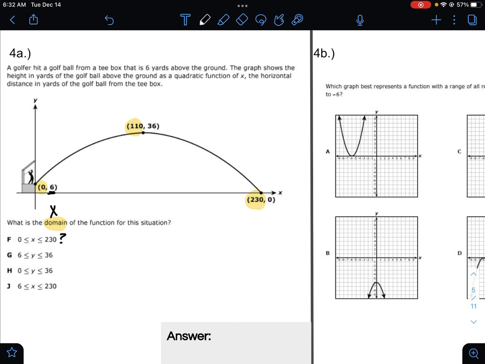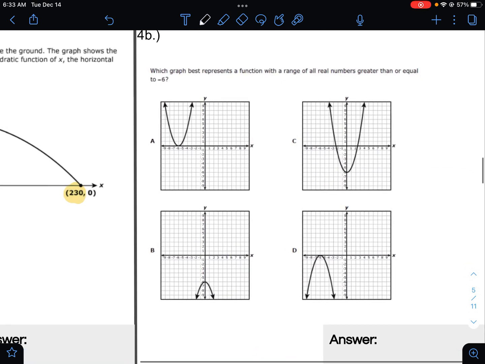Well, it looks like they're using the y values, so we don't want that one. H says 0 to 36. That's mixing x and y values. We don't want to do that. Letter J says 6 to 230. Again, 6 is a y value, so we don't want that, so my answer is F.